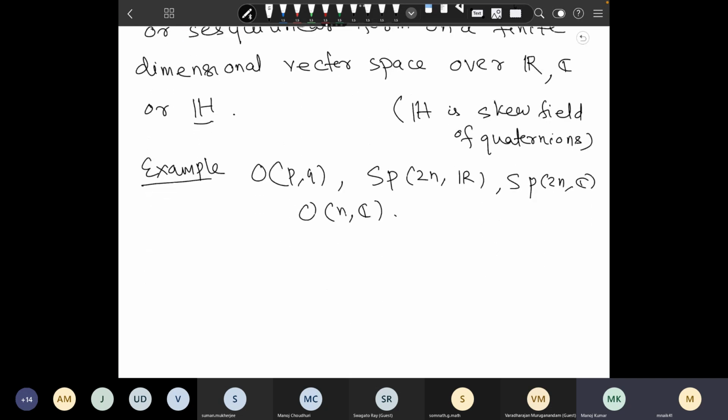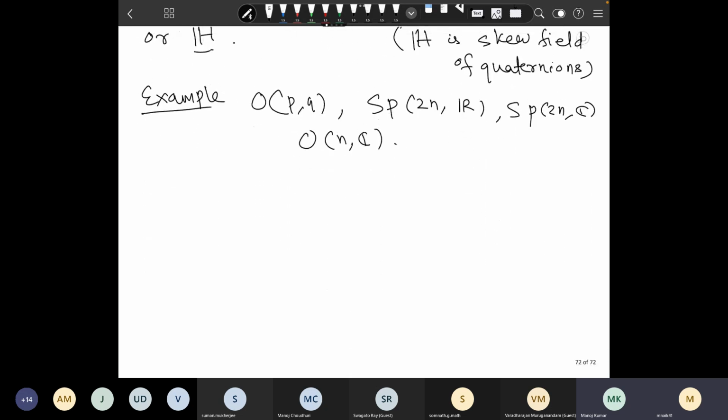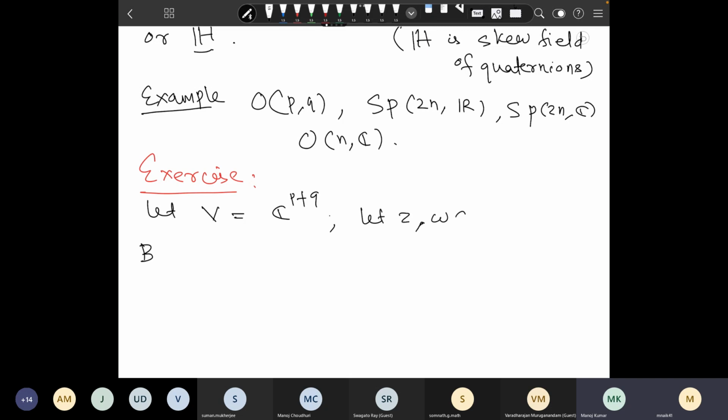Now I will give an important and conceptual exercise. I want you to think about this exercise, and then we will discuss it. Let V be equal to C^(p+q). Let z, w belong to C^(p+q).